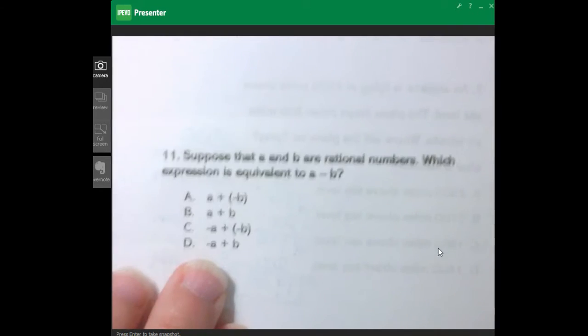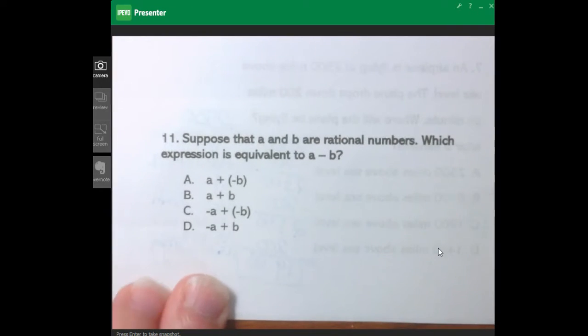Number 11. Suppose that A and B are rational numbers. Which expression is equivalent to A minus B? So this is very similar to that last question, except we don't have numbers, but that's okay.